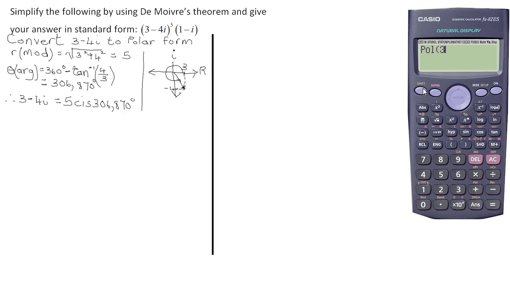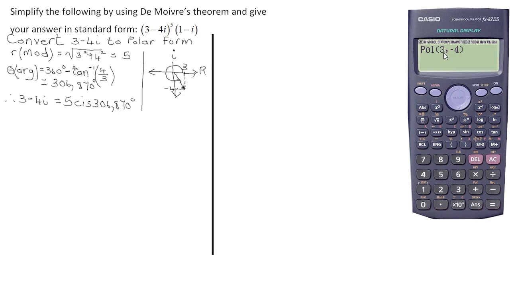And then you're going to say shift comma. That's how you separate your real from your imaginary part. Very important here, your imaginary part is -4. It means you take it with a sign, negative. Oh, let me just go back there. -4. And you close your bracket.